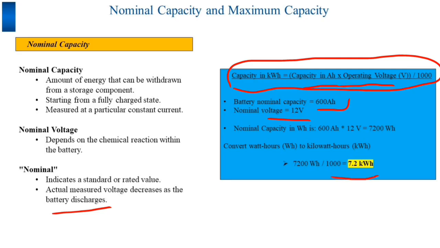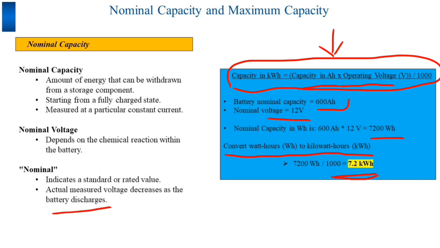When you put this nominal voltage and nominal capacity into this formula, you get the nominal capacity in kilowatt hours, which is 7.2 kWh. Here you can see we are converting watt hours into kWh. When you multiply 600 by 12 volts, you get 7200 watt hours, so you have to convert this into kilowatt hours.